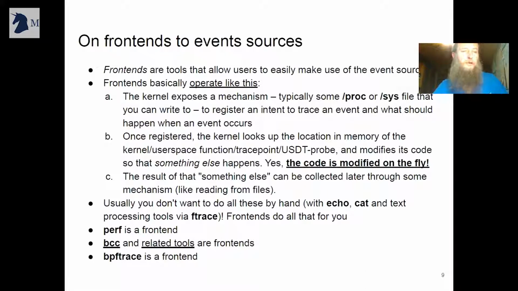It's a type of file system that can be mounted somewhere at /proc or /sys or wherever you prefer. And when you do that, you get access to some directories and files. These are text files, so you can write something there to add the probe, for example, enable tracing, and you can read from some other files to get the result of your tracing.